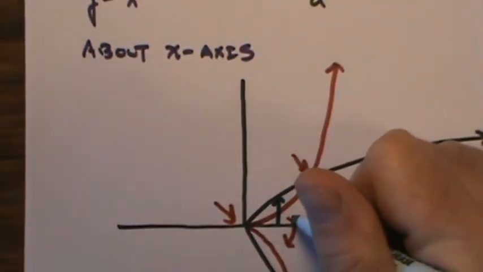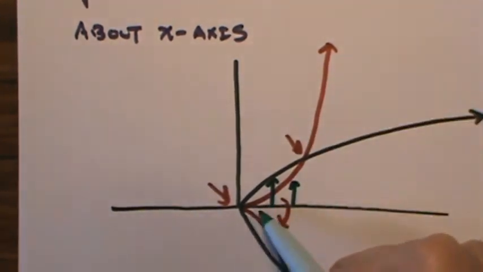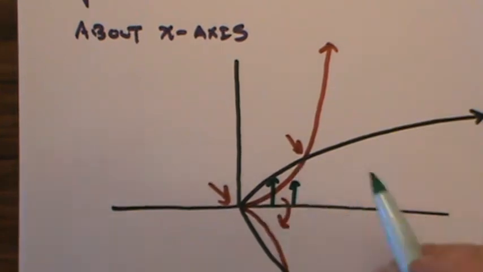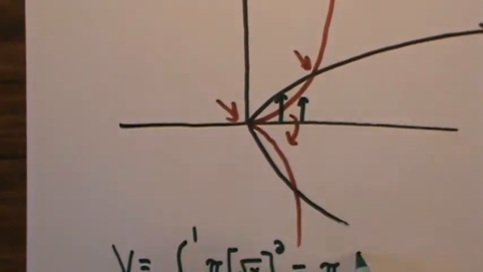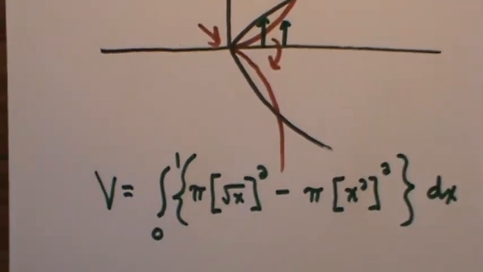The least distance that I travel from my axis of revolution is actually the x squared part. And since that's going to be here, I'll say x squared, squared, and then I have a big old dx on the end.